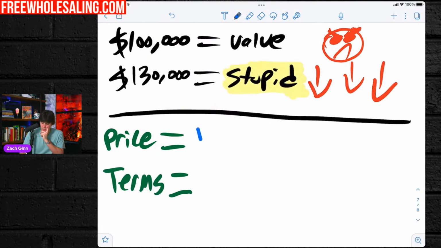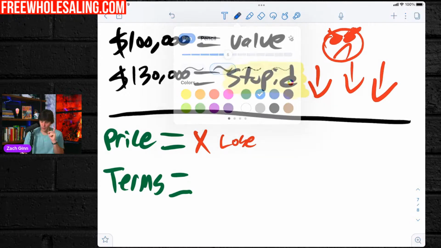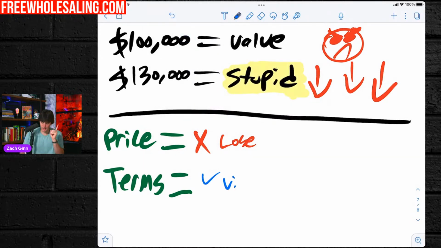You can win on price or you can win on terms. All right? You can win on price or you can win on terms. It's pretty interesting. So what does this mean? This means I can lose on price. I can lose on price. But if I just win on one thing, if I just win on terms, that actually equals a win.